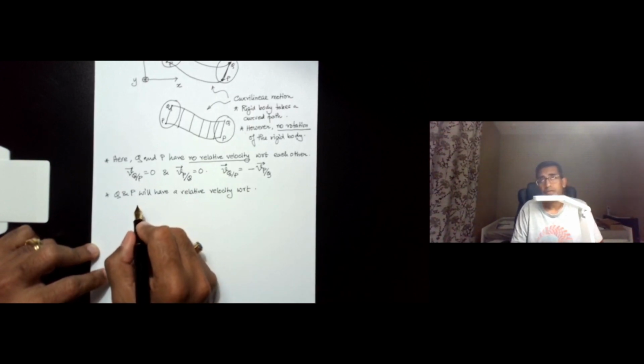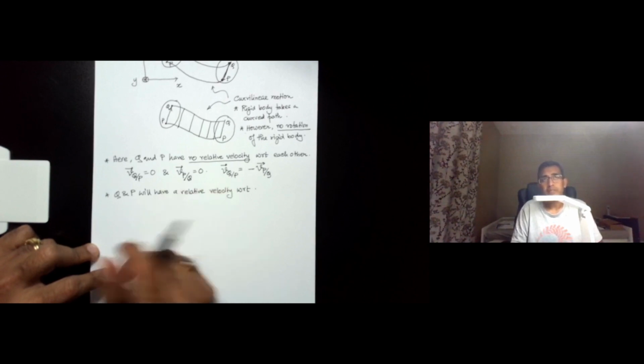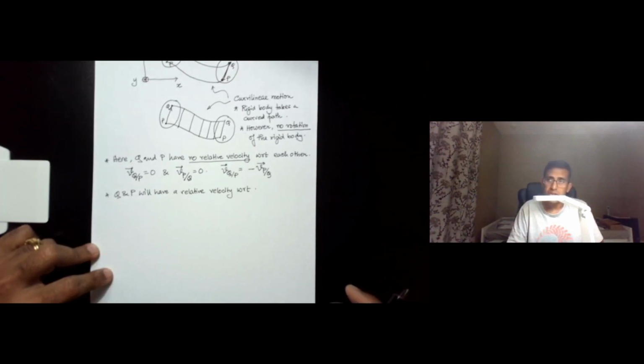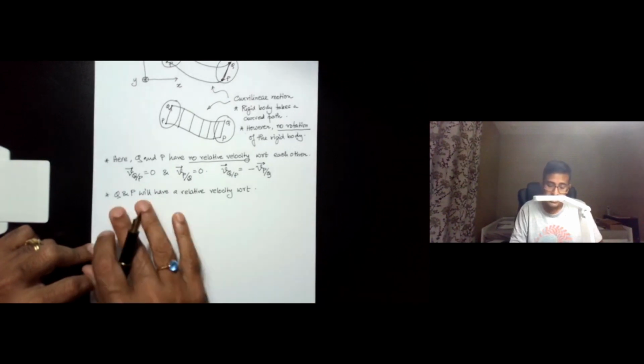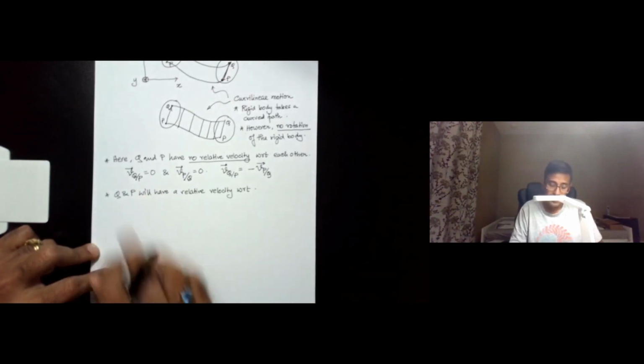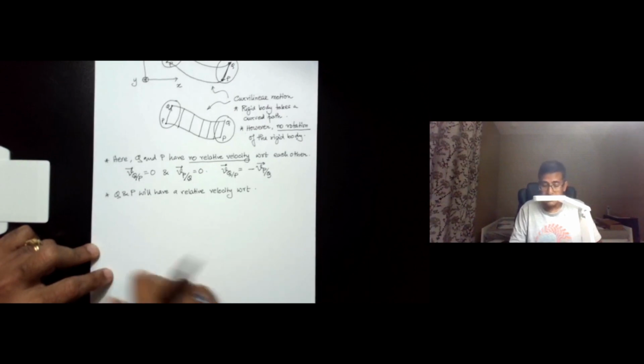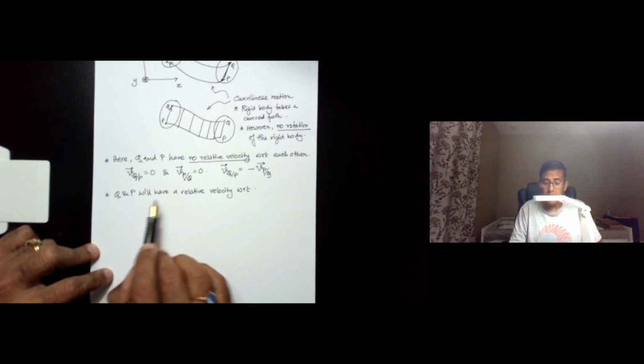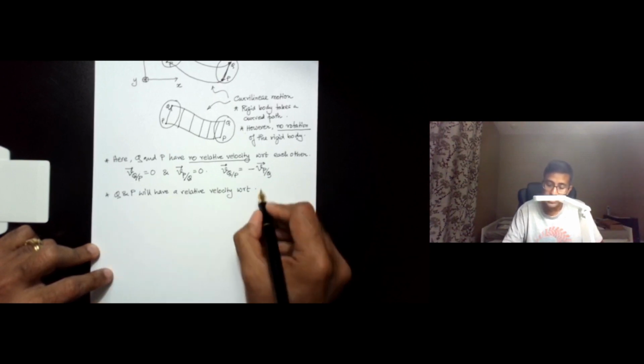I should probably say may, because there are a few exceptions when the 2 points on the rigid body are on the axis of rotation, or parallel to the axis of rotation. Even then, there is a case where the relative velocity of Q and P may be 0.